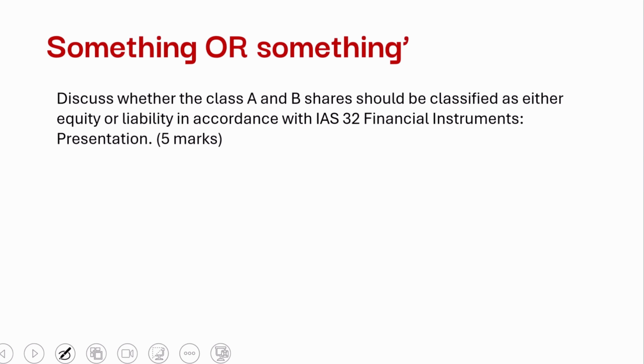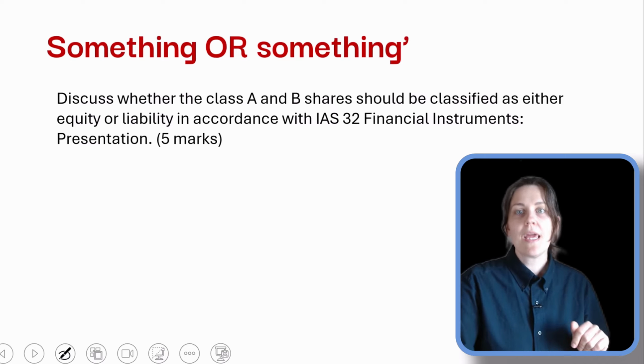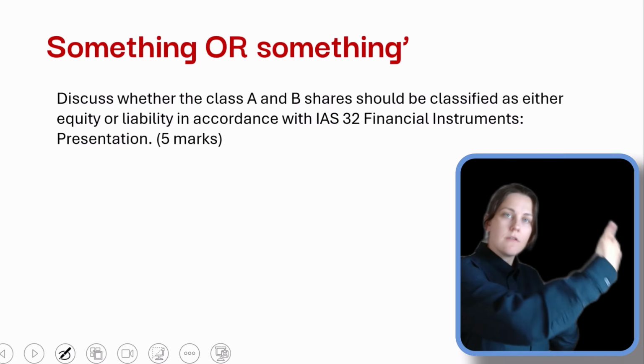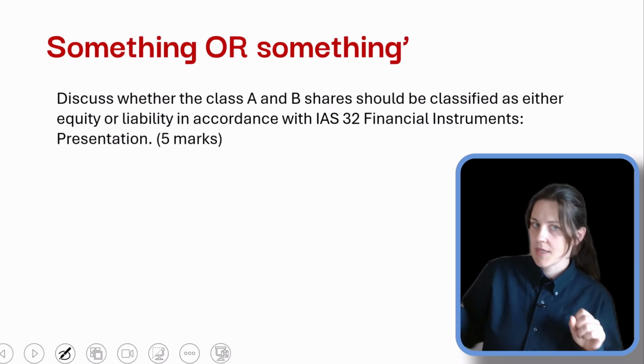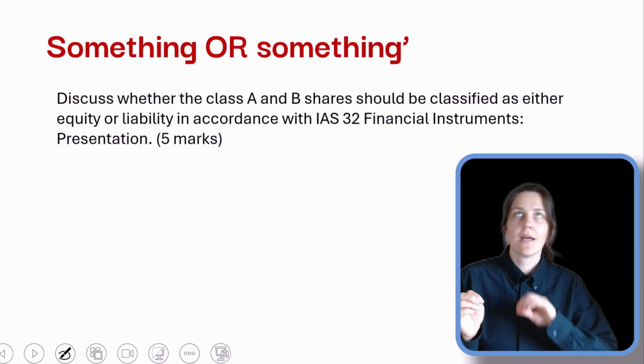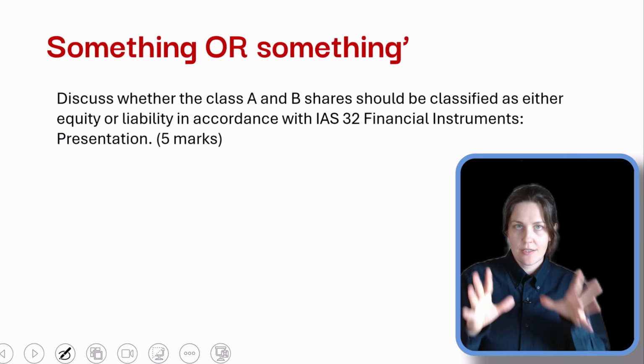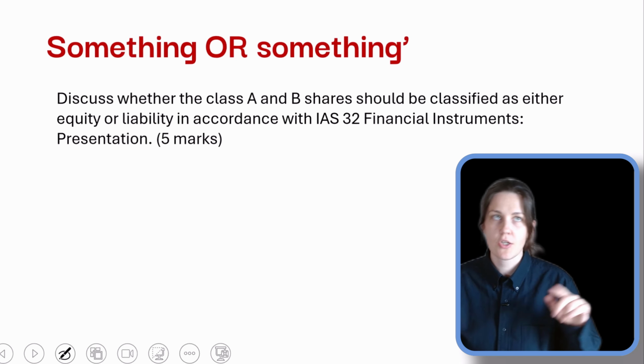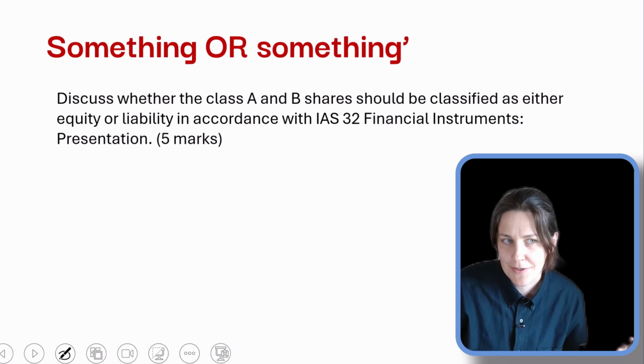Another example would be when a question is "something or something else". This is a super typical question. It has been tested many times. It will be tested. The chances of it being tested in question 2 are something like 50%, maybe more.